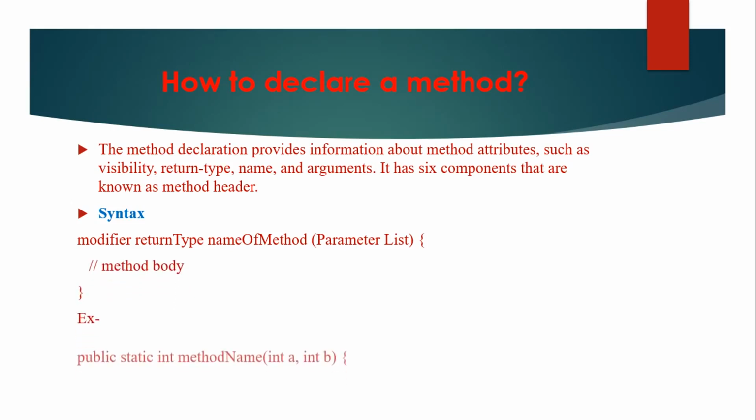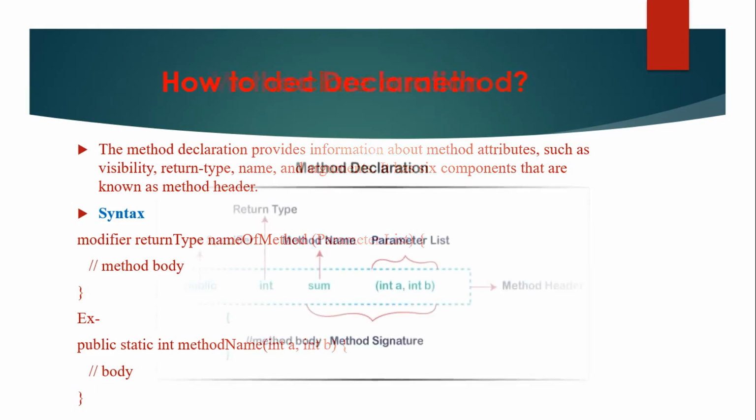For example, public static int sum(int a, int b) { method body }. Here public is an access modifier, static is a modifier, int is a return type, sum is the method name, int a, int b is a parameter list, and inside the method body and curly braces close.